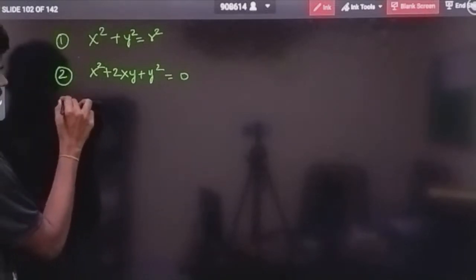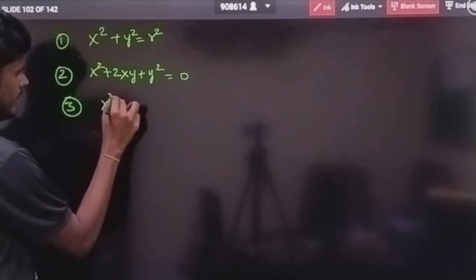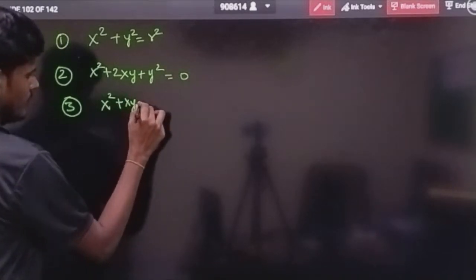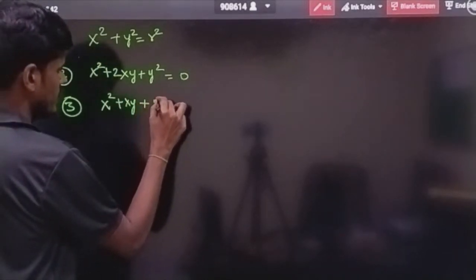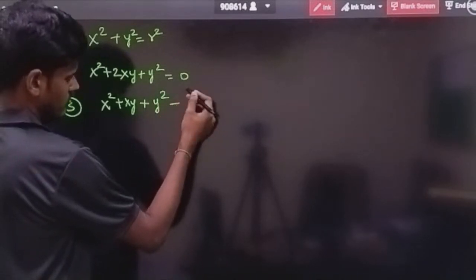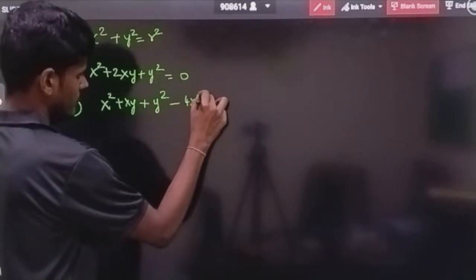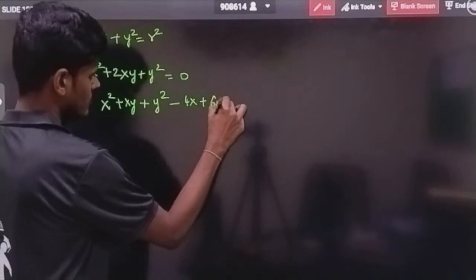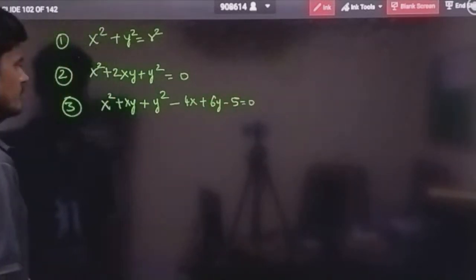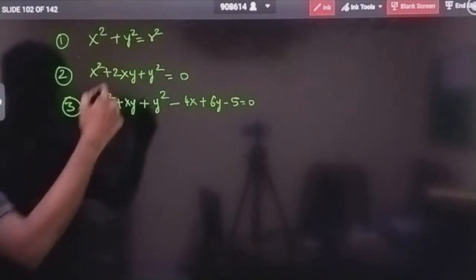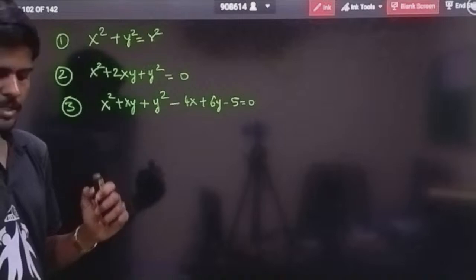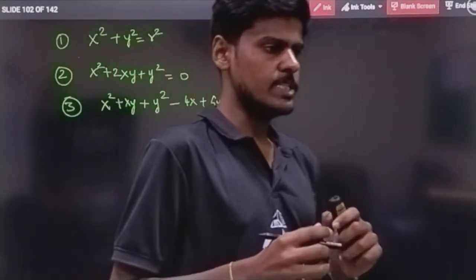Third function, x square plus xy plus y square minus 4x plus 6y minus 5 equal to 0. Now by observing these three functions, which one is implicit and which is explicit?